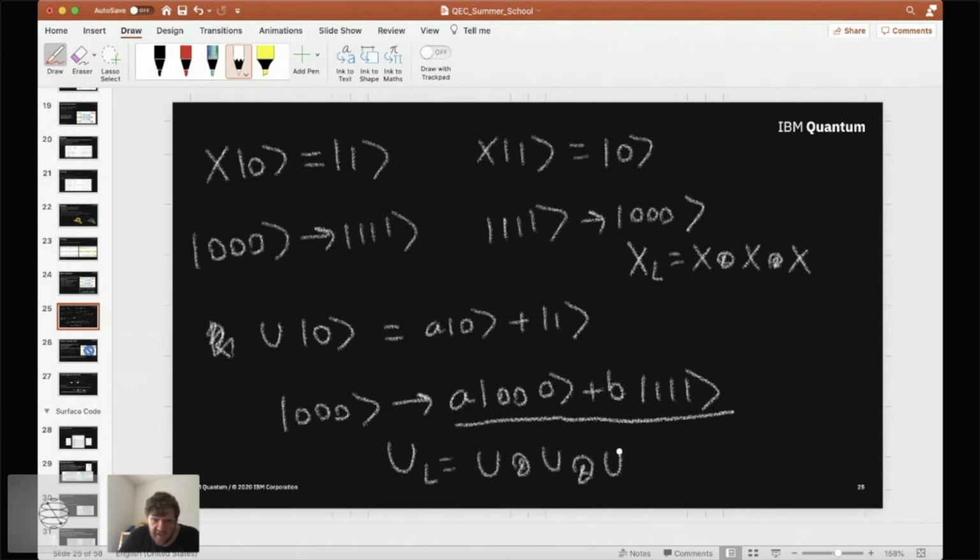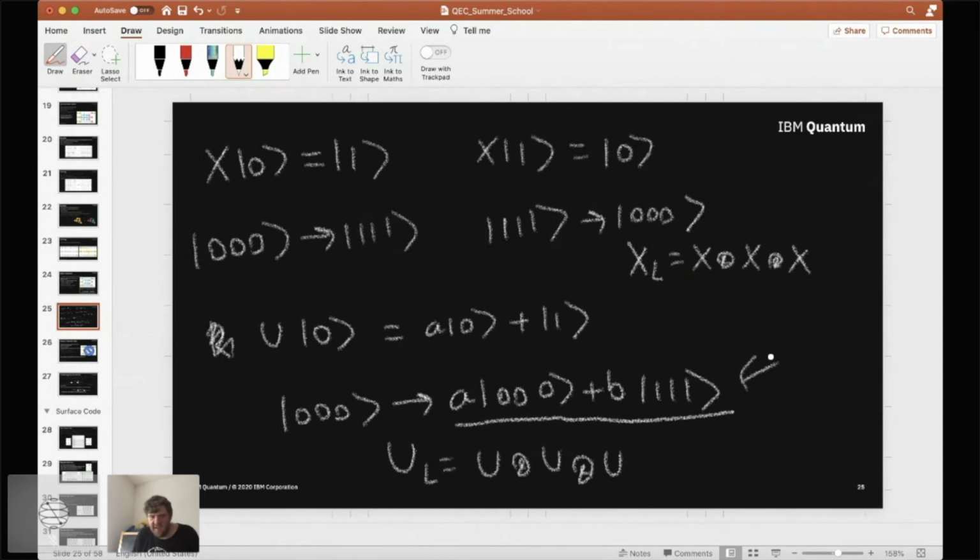But unfortunately, that is not the case, because we can see here the fact that it is entangled, it obviously needs some controlled NOTs in some way. And if you look at it in more detail, what you find is basically all we can do is take our encoded information and unencode it so that our logical qubit just sits on one physical qubit. Then we do the single qubit rotation, and then we re-encode it again.